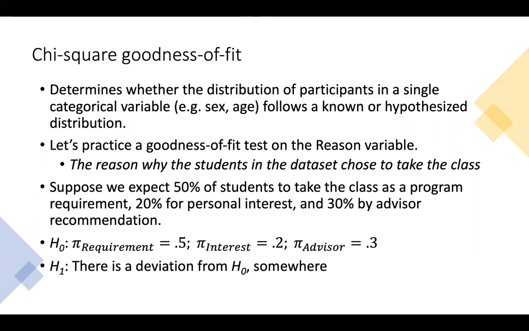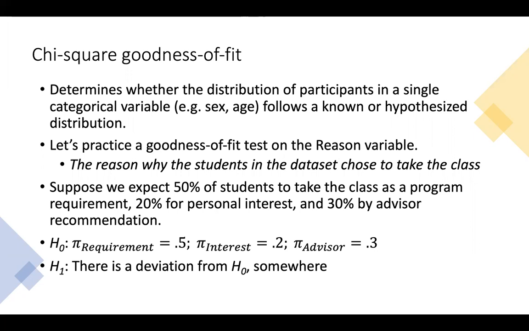What that means is, let's say we're looking at the reason why students in our data set chose to take the foundations class. We didn't actually ask this question, but if we did, and the options were, it's a program requirement, personal interest, or an advisor recommendation, we might think probably 50% of the students take it as a requirement, 20% take it for personal interest, 30% take it by recommendation.